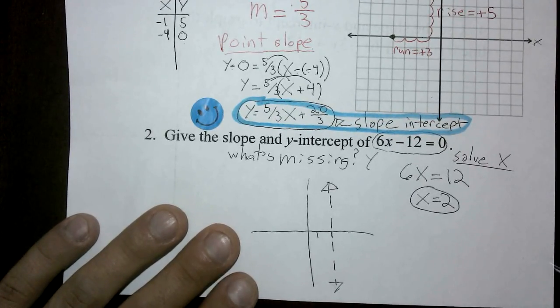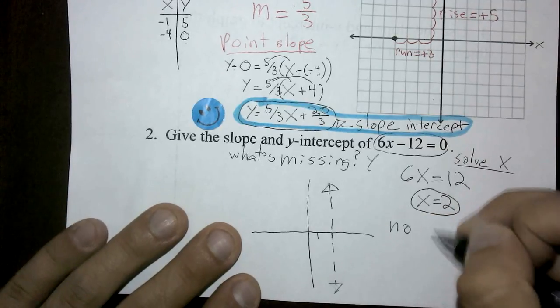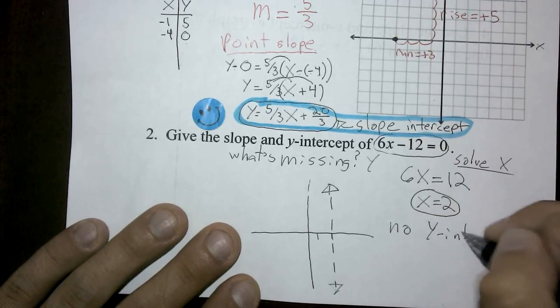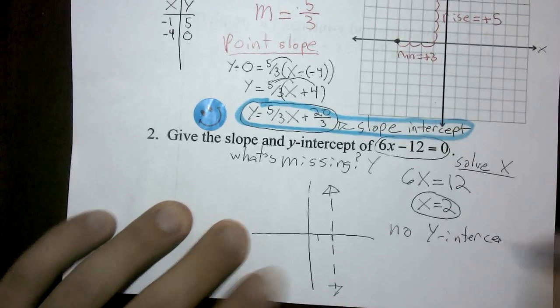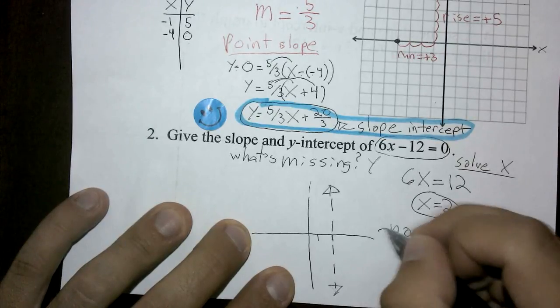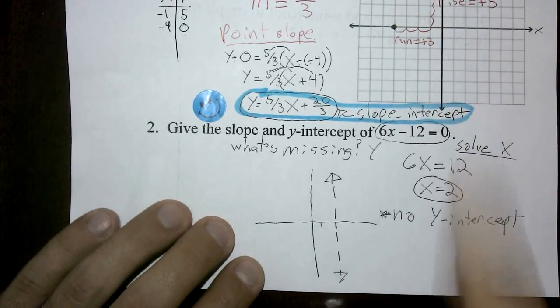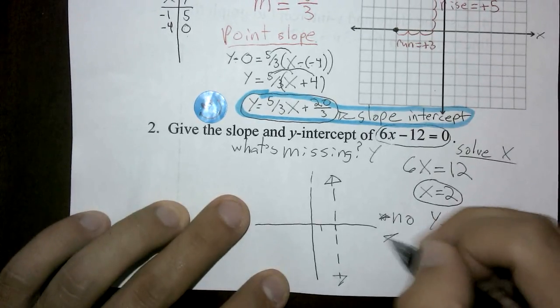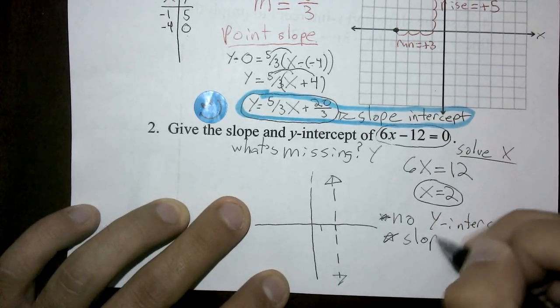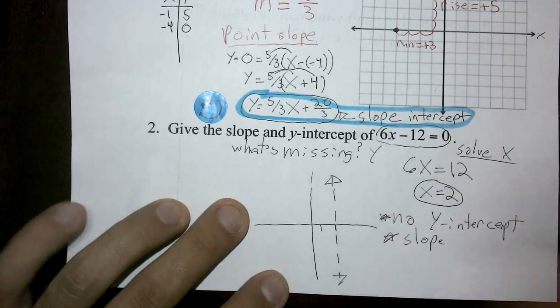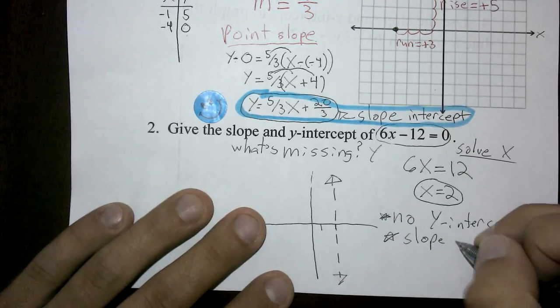From here, we can see that there's no y-intercept. Because this is straight vertical, it's not going to go to the left or to the right, just straight up and down. We can also say that for the slope, well, you can't really walk on a straight vertical wall, so the slope is undefined.